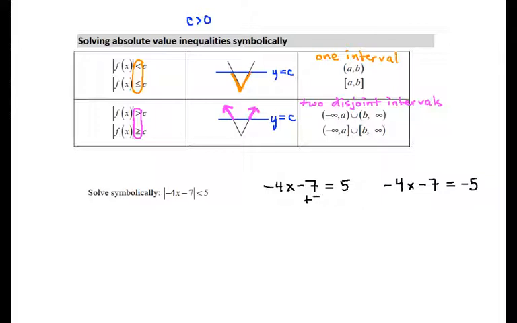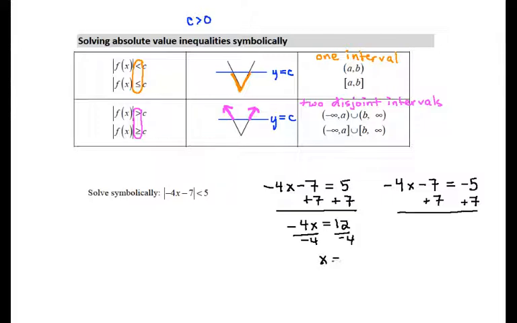Adding 7 to both sides, all around, gets us negative 4x equals 12, and then dividing by negative 4, we get x equals negative 3. Here we have negative 4x equals 2. Dividing by negative 4 gets me x equals negative 1/2.